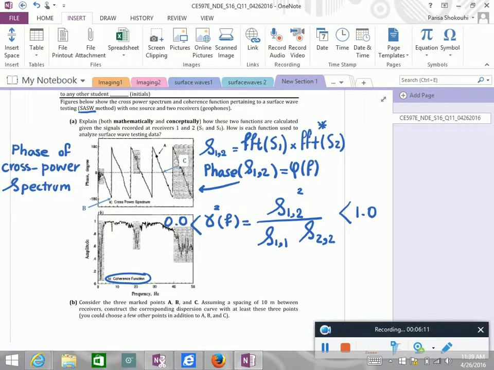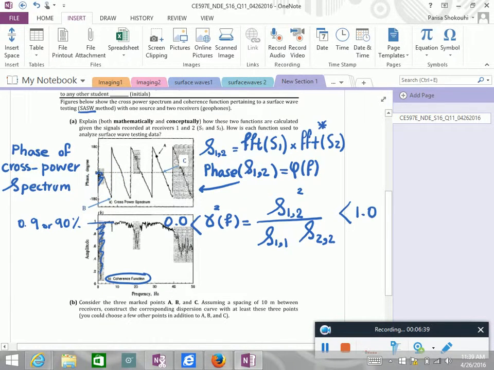And the concept of coherence function is how well correlated these two functions are. So, for example, you can put a threshold and say if your cross-correlation coefficient is less than 90% or 0.9, then this part of data has been very noisy. So you just ignore it.